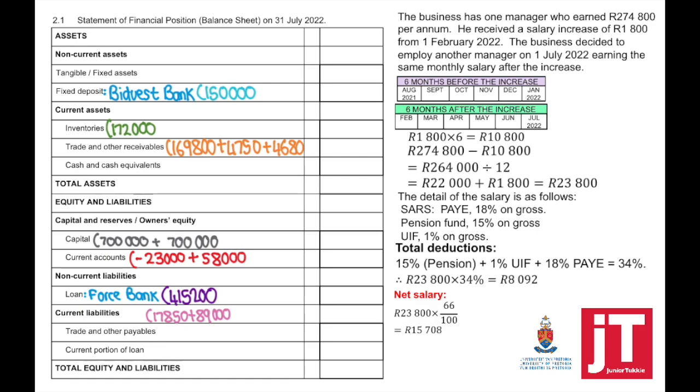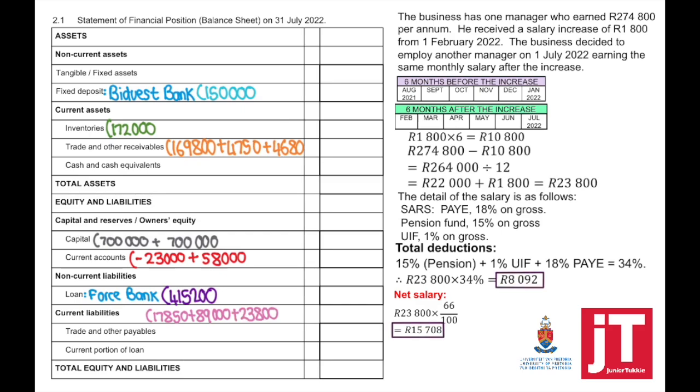When we're completing the statement of financial position, we need to find out what the net salary is that we owe our employee. The gross salary will always appear in your statement of comprehensive income. In my statement of financial position, it will reflect the net salary plus the deductions plus the contributions, which are paid over to that specific fund account.